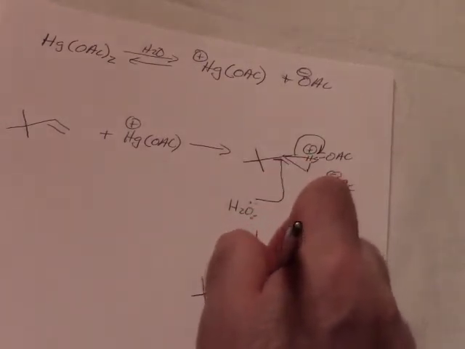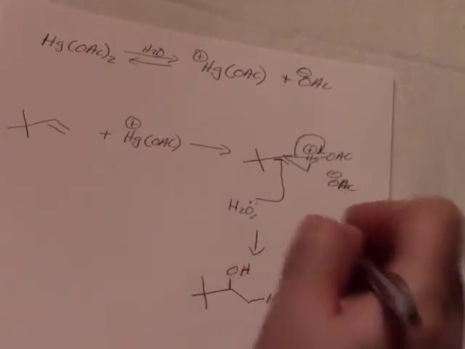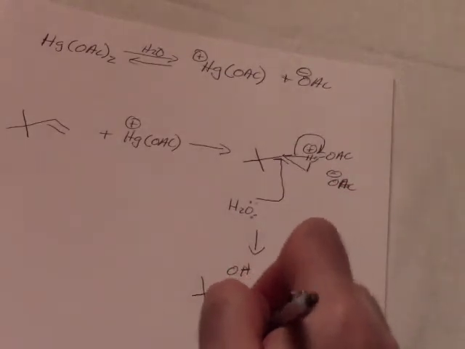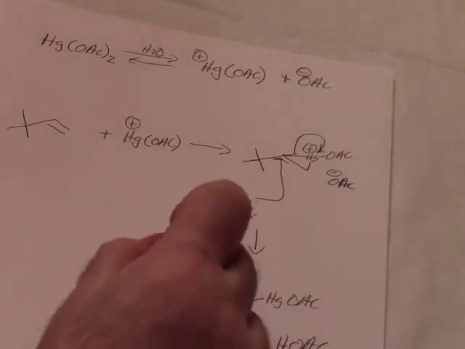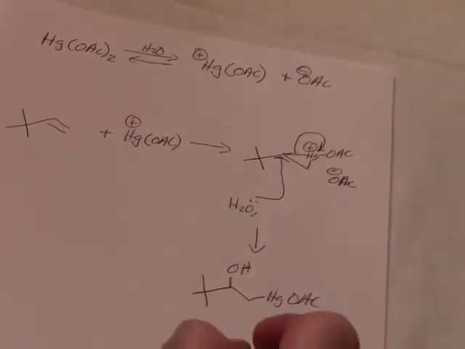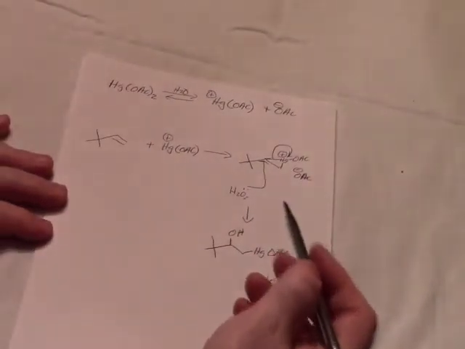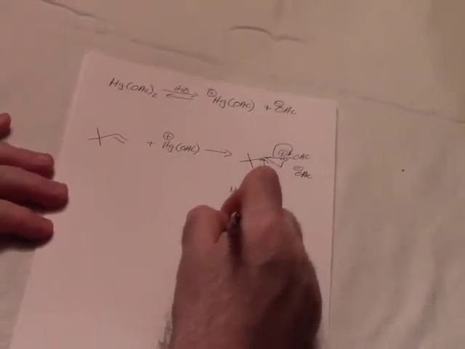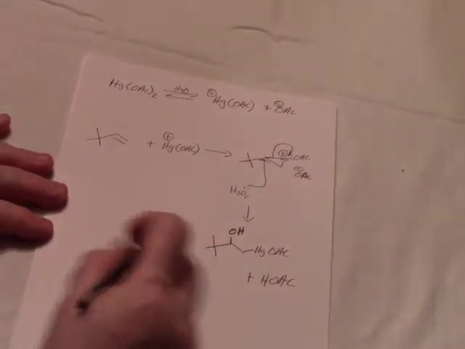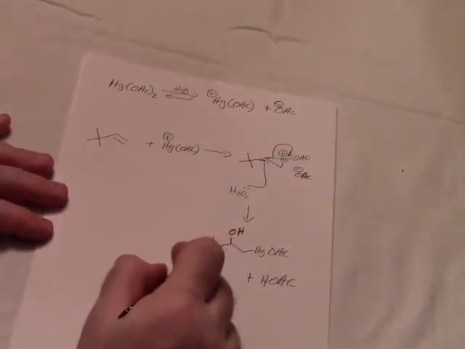You put the mercury on that particular atom, and of course acetic acid, now HOAc, because the other hydrogen in water had to go somewhere, and so the acetate abstracts that proton from the protonated alcohol.